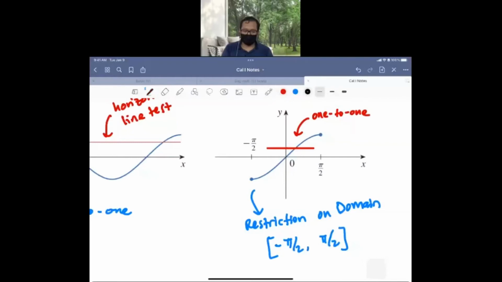Okay? And we call the inverse of the sine function arc sine.